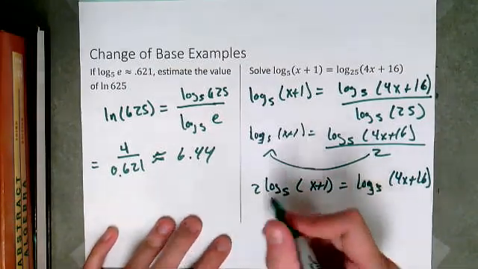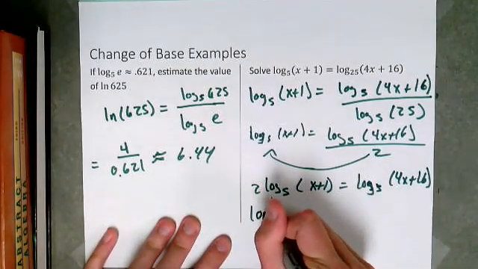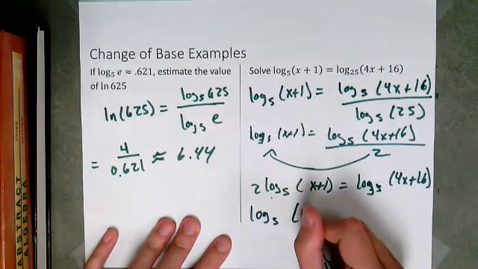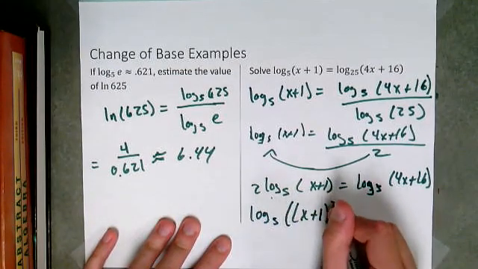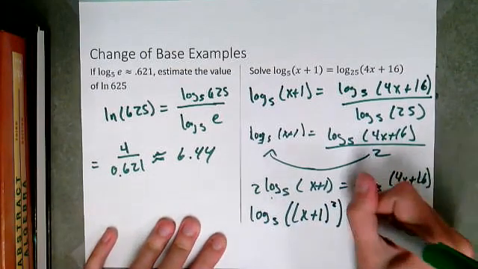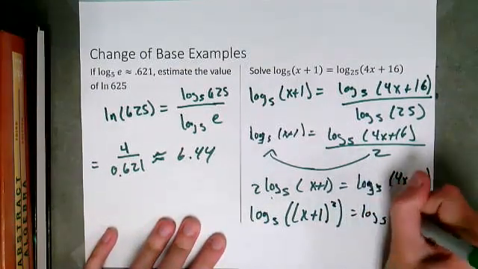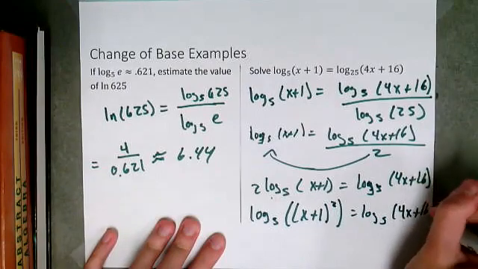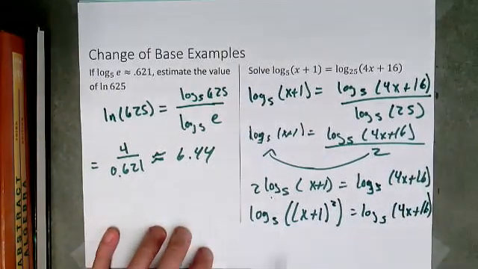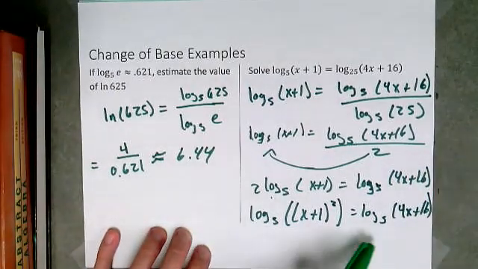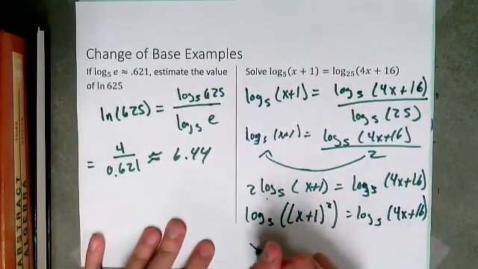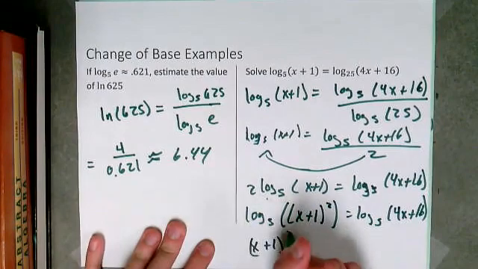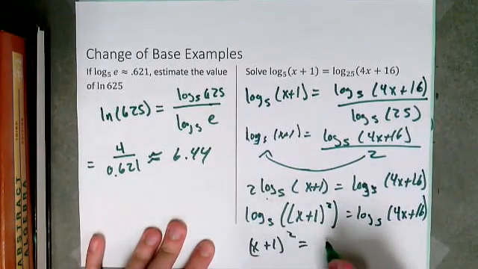Using properties of logs, we have log base 5 of x plus 1 squared equals log base 5 of 4x plus 16. Log base 5 of something equals log base 5 of something else, so that means x plus 1 squared is equal to 4x plus 16.